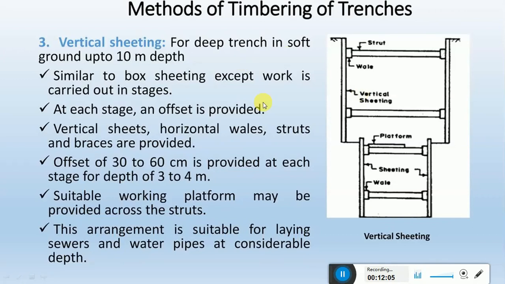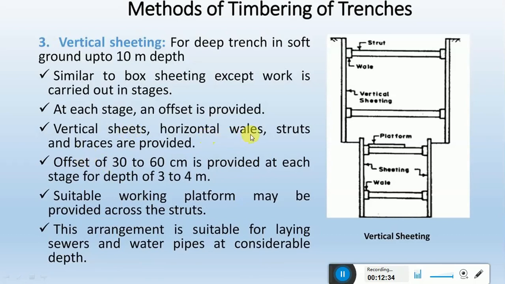Sometimes you may have to go very deep for the laying of sewers in soft grounds, up to a 10 meter depth. It is similar to the box sheeting, but the work is carried out in stages, because if you go to a very deep depth, we may need more sheeting material.